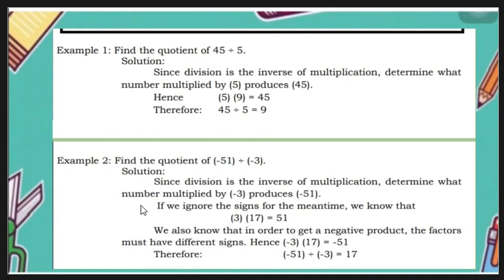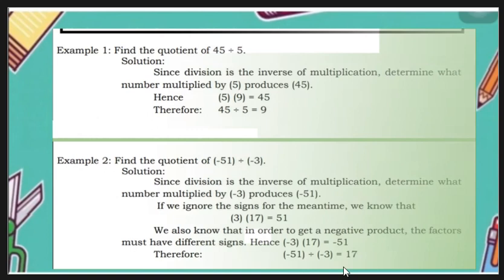If we ignore the signs for the meantime, we know that 3 times 17 is equal to 51. We also know that in order to get a negative product, the factors must have different signs. Hence, negative 3 times 17 is equal to negative 51. Therefore, negative 51 divided by negative 3 is positive 17.